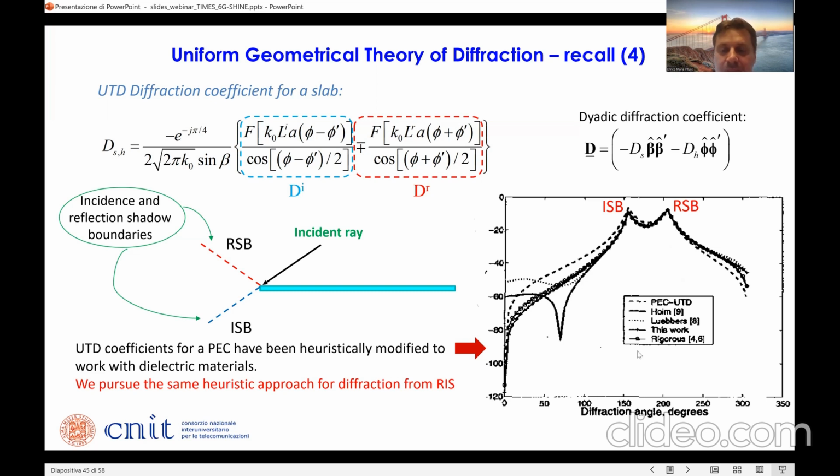There are several papers that propose this heuristic modification, and our aim is to do the same for RIS, in the case of metasurfaces or reconfigurable intelligent surfaces.